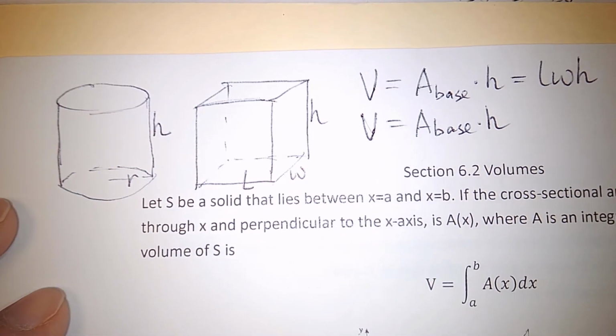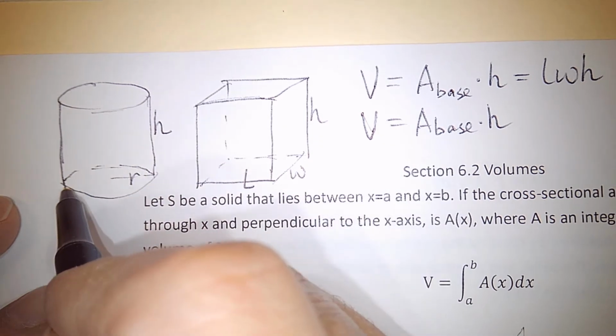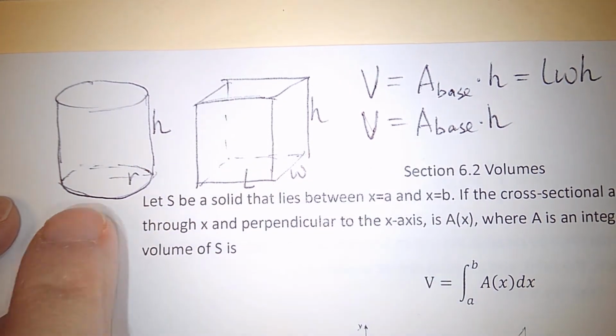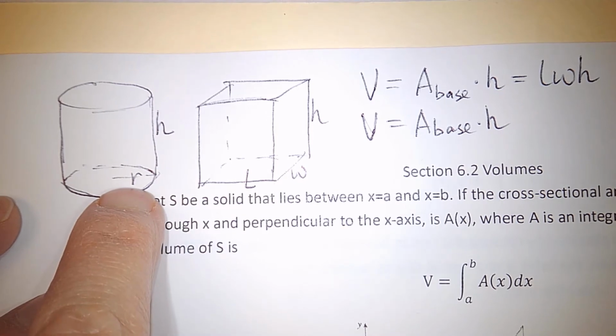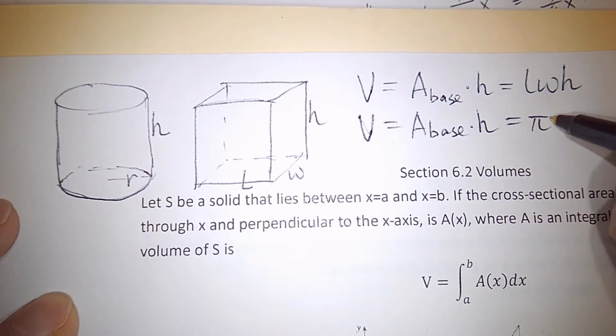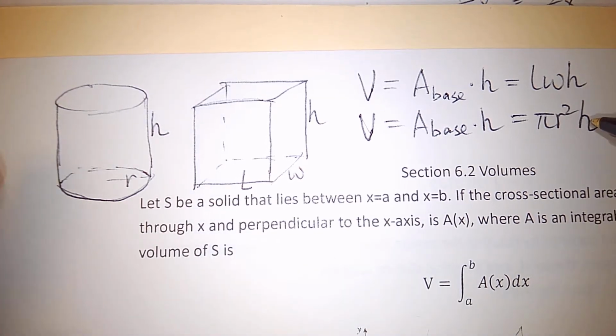But how do we find the base area if it is a circle? Remember the formula for the area of a circle with radius r? Pi r squared, right? So pi r squared is the area of the base, and then times the height of the cylinder.